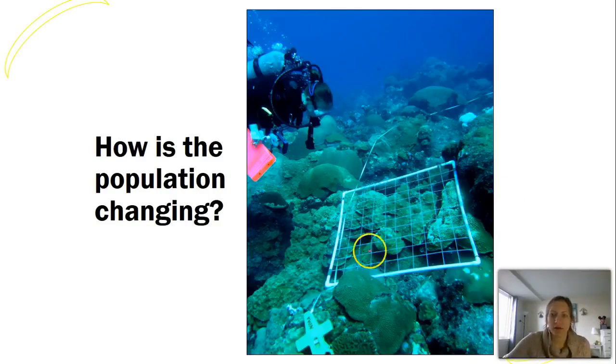Instead, they're going to count this box and say, okay, within this box, a really good estimate is 62% of this box has dead coral in it. Or, this has 21% dead coral. So they're using this to see over time how our habitat is changing, and how organisms are changing because of that.